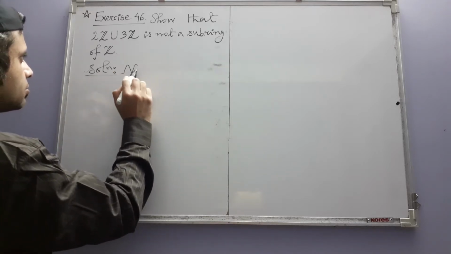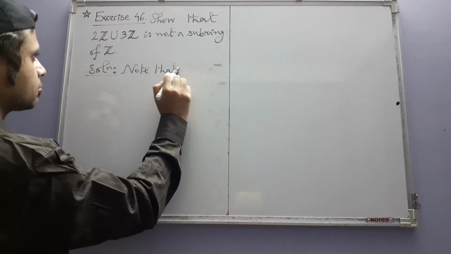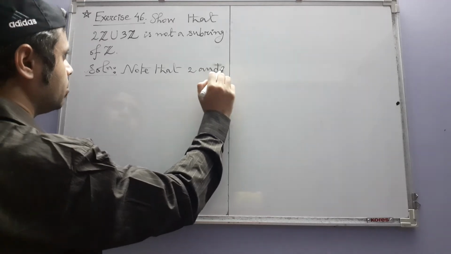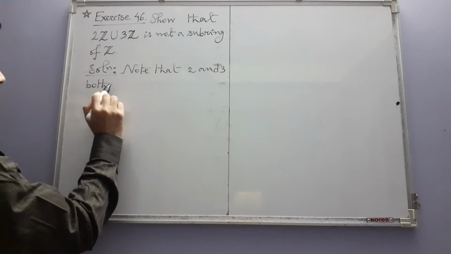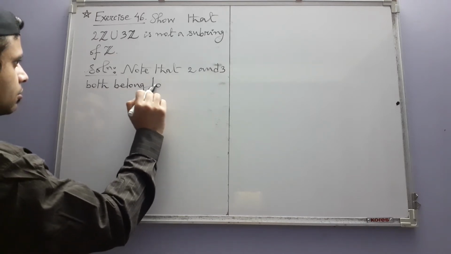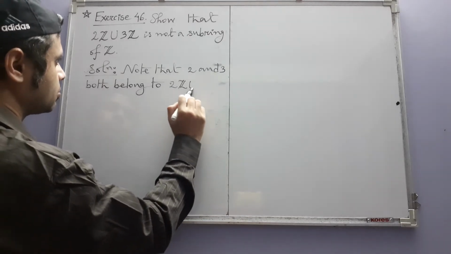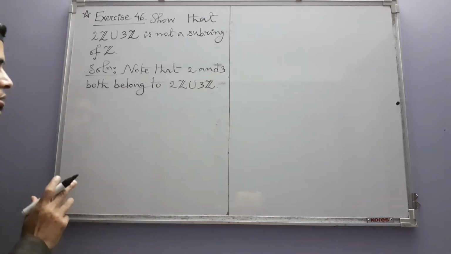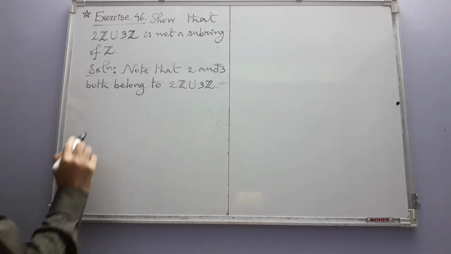Note that 2 and 3 both belong to this union, because 2 is an even integer and 3 is a multiple of 3.